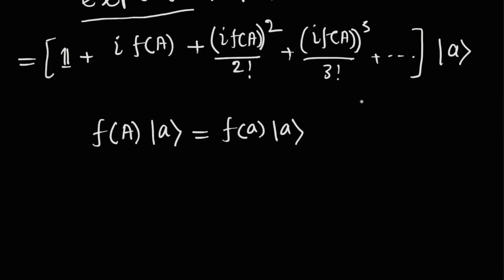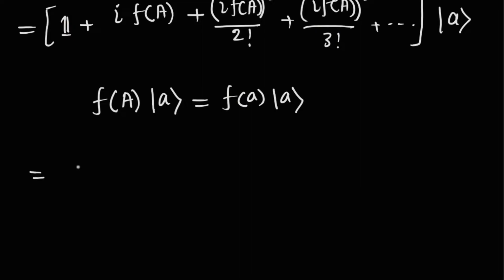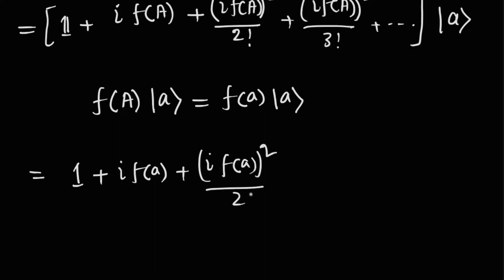That means this will give us 1, since the identity operator operating on any state gives 1, plus i f(a) plus i f(a) squared by 2 factorial plus i f(a) cubed by 3 factorial plus dot dot dot so on.